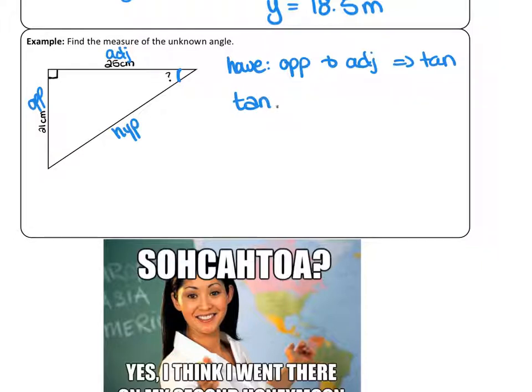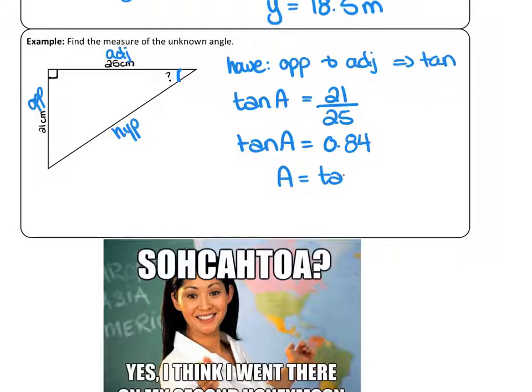And I'm going to set it up. Tan of A. A is the angle we're going to solve. Equals 21 is our opposite over 25, which is our adjacent. And then you're just going to divide that. 21 divided by 25 becomes 0.84. Now, what happens is you're going to use your calculator and shift tan.